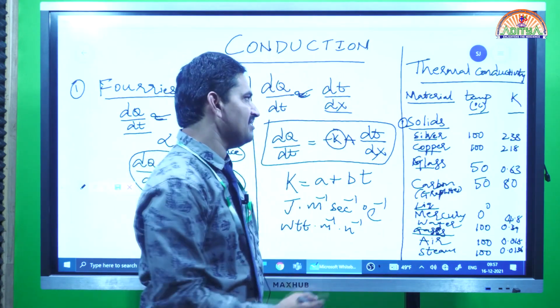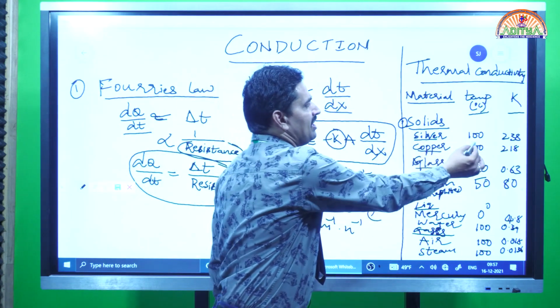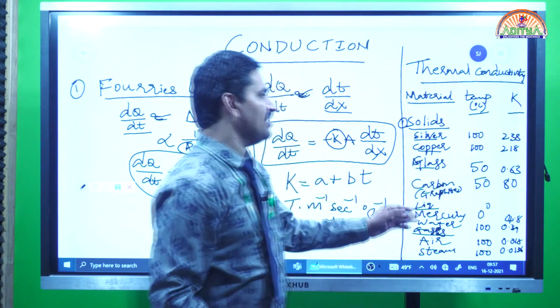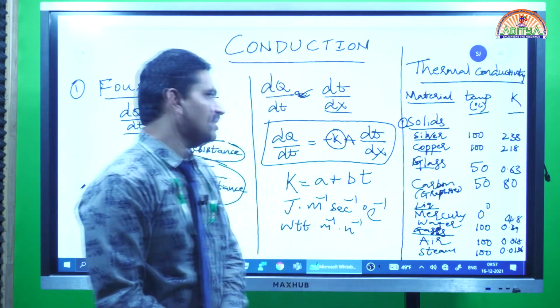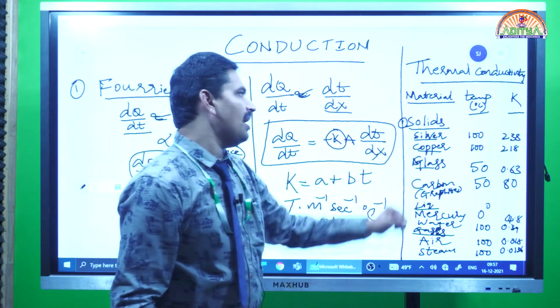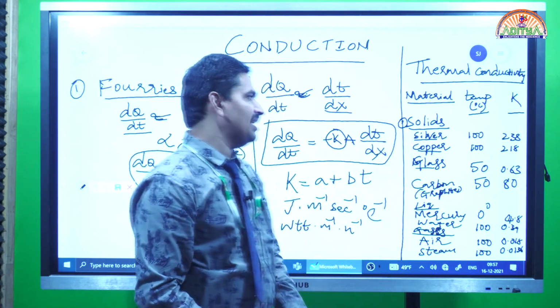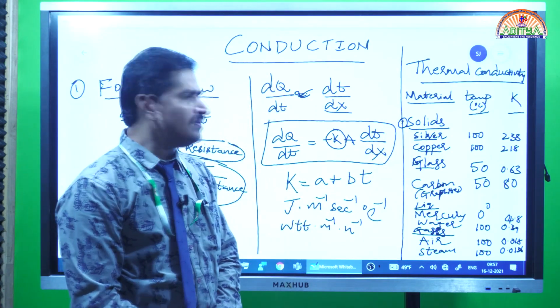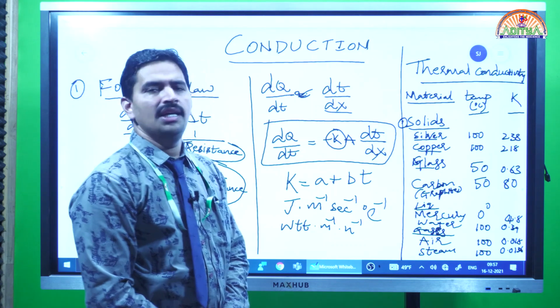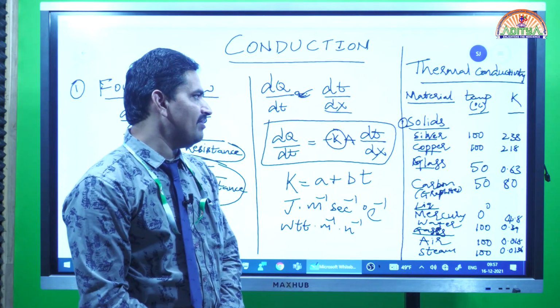Carbon means graphite. Silver at 100 degrees centigrade has a thermal conductivity of 238, and copper at 100 degrees centigrade has 218. As we know, silver has more heat transfer when compared with copper.